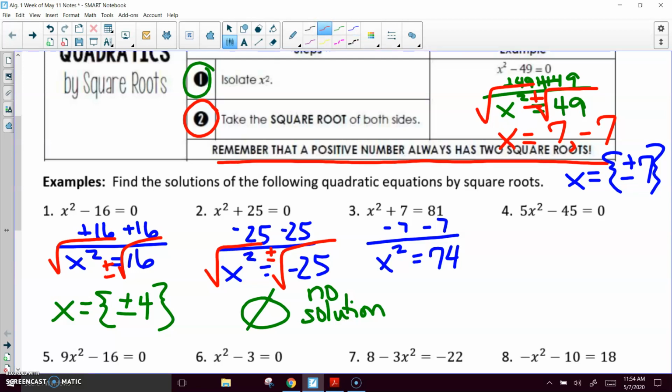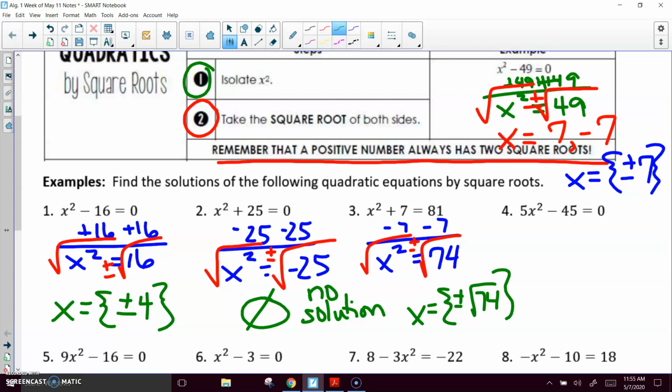My x squared is isolated, so now I can square root both sides with a plus or minus. Do you know what you square to get 74? Because it's not an integer, we are going to leave our answers as plus or minus the square root of 74. I don't know what the square root of 74 is. I'm not using my calculator to approximate a decimal, so I leave my answer exact as the positive and negative square root of 74.